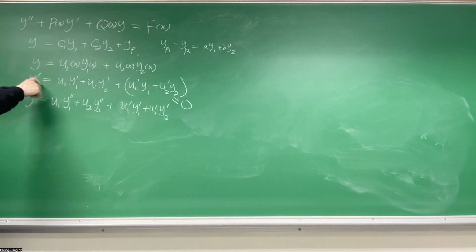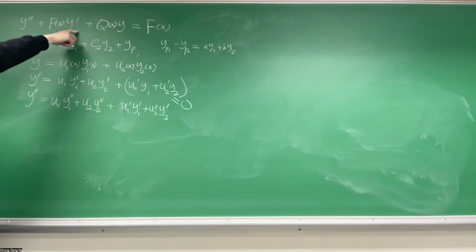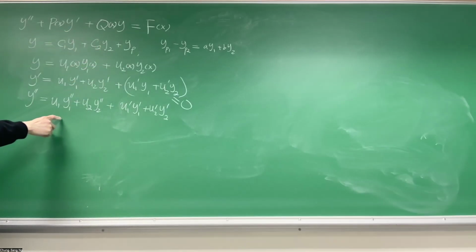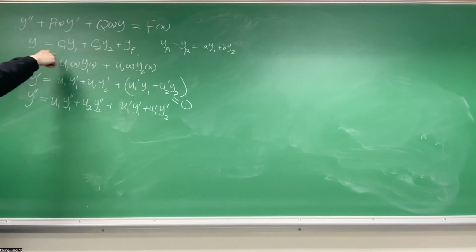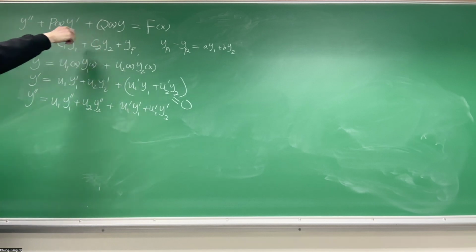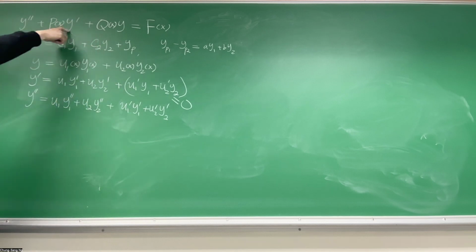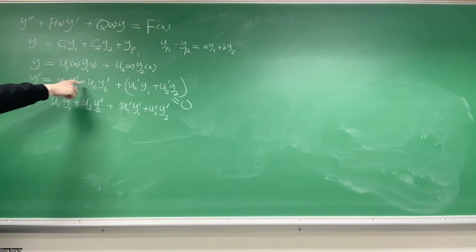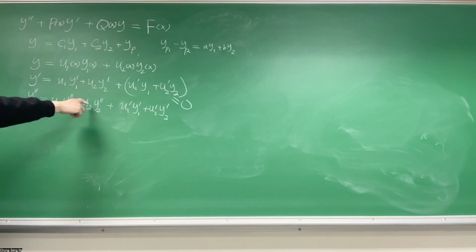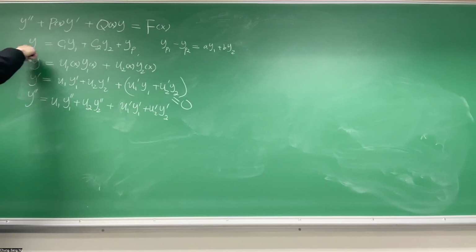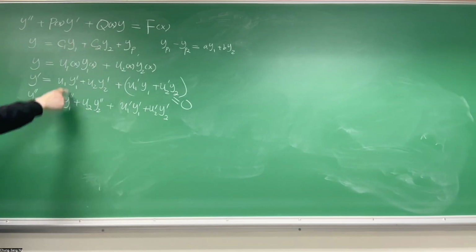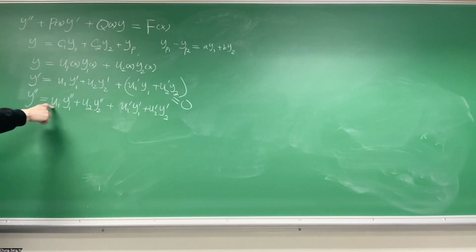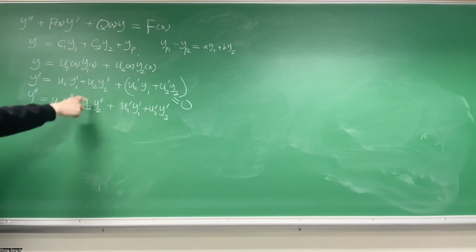And then substitute that into the original equation, right? And the idea is when you combine that, these are linear equations, so like p times this y prime, you have p times this one, right? And then q times this one, you have q times this two. When you add that, you see that the first term is all proportional to u sub 1, the second term all proportional to u sub 2.